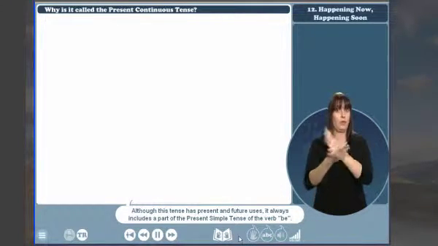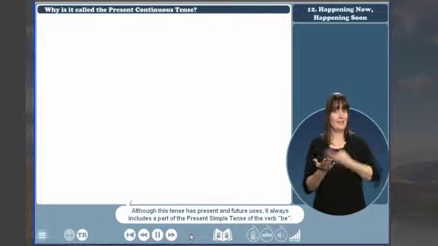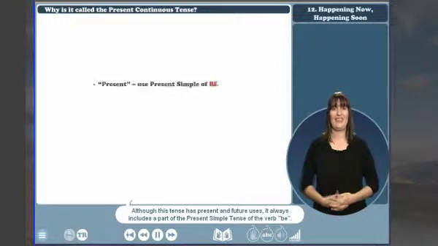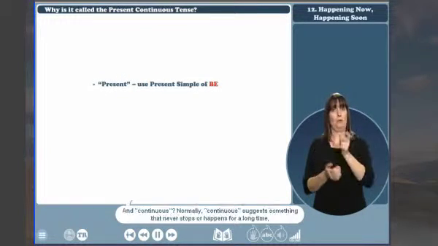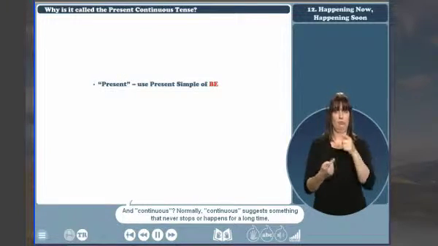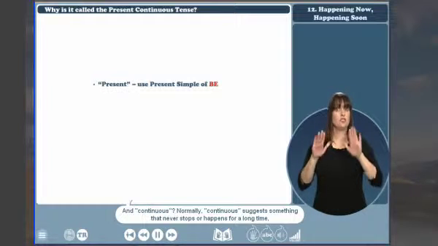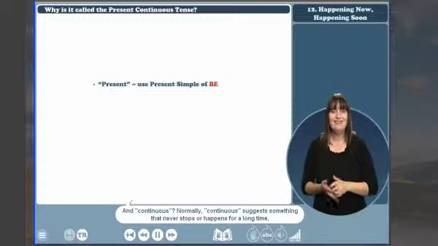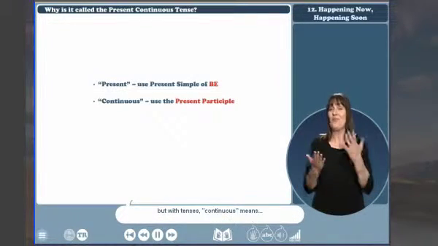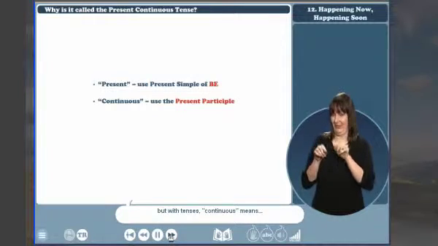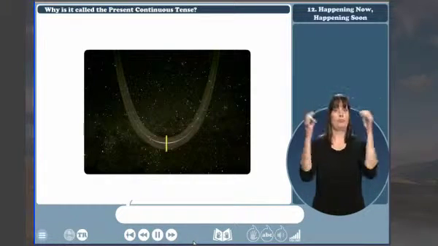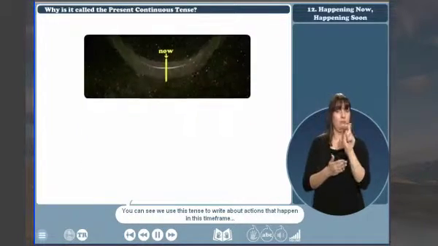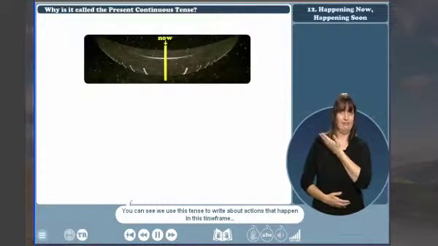It always includes a part of the present simple tense of the verb be. Normally the word continuous suggests an action that never stops, or at least one that goes on for a long time, doesn't it? On the time tube, you can see that we use this tense to talk about actions that happen in this time frame.